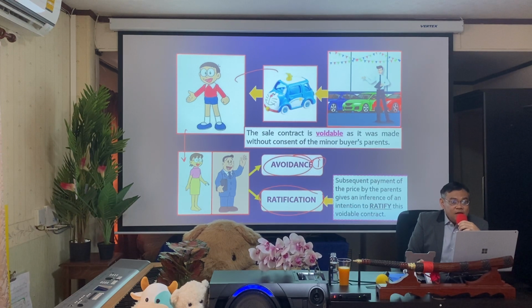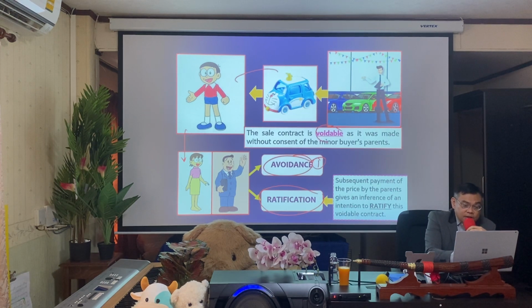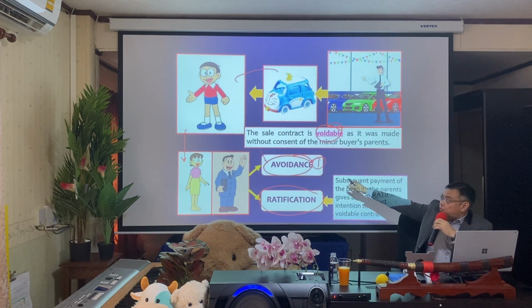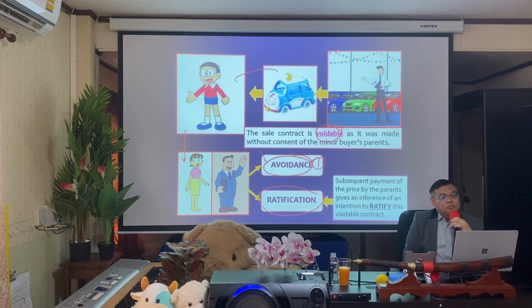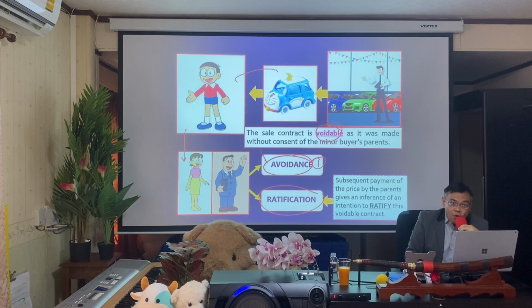The law says that if a minor enters into any juristic act without consent of the legal representatives, then that juristic act will become voidable. When it becomes voidable, or in Thai mokia, that means that it remains valid until it is avoided. If the parents want to avoid this agreement or this contract, then this contract will become void.